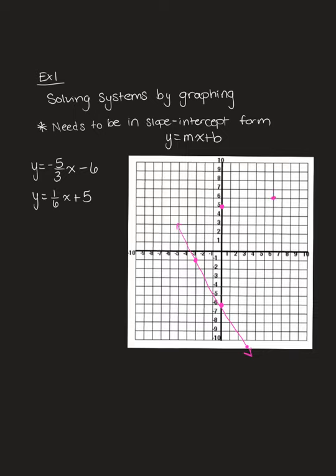I can also go down 1 and to the left 6. Let me extend this line here. And you will notice that these graphs intersect at this coordinate point here, and that coordinate point is negative 6, 4. That's your solution.